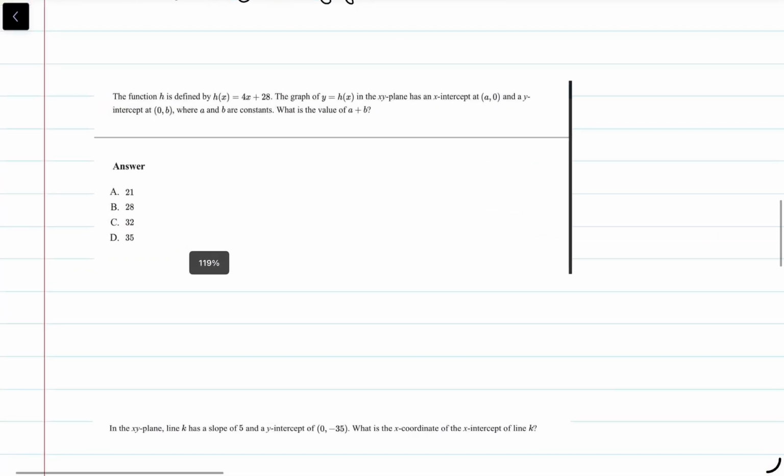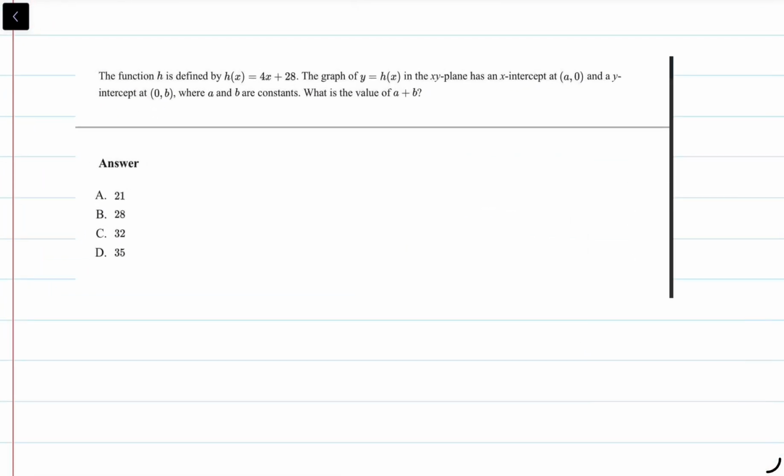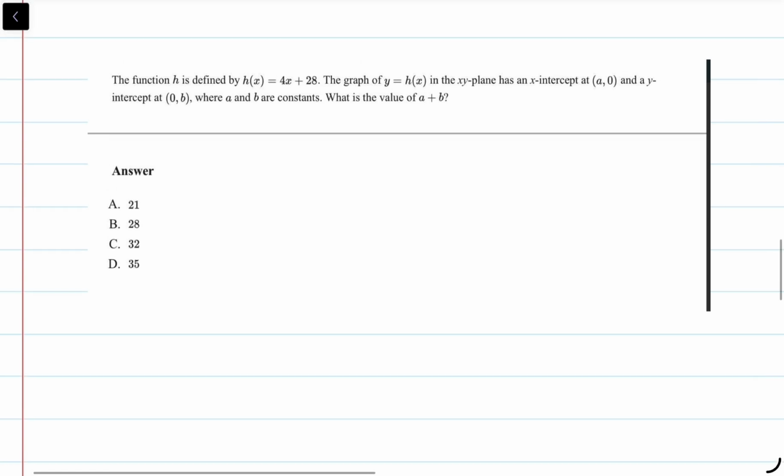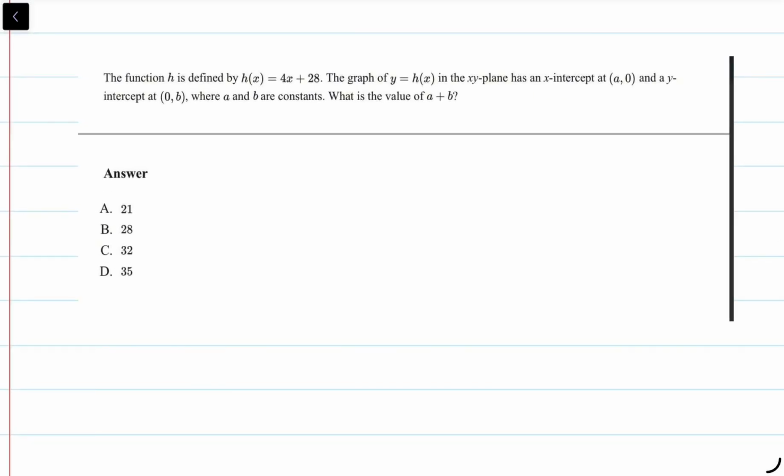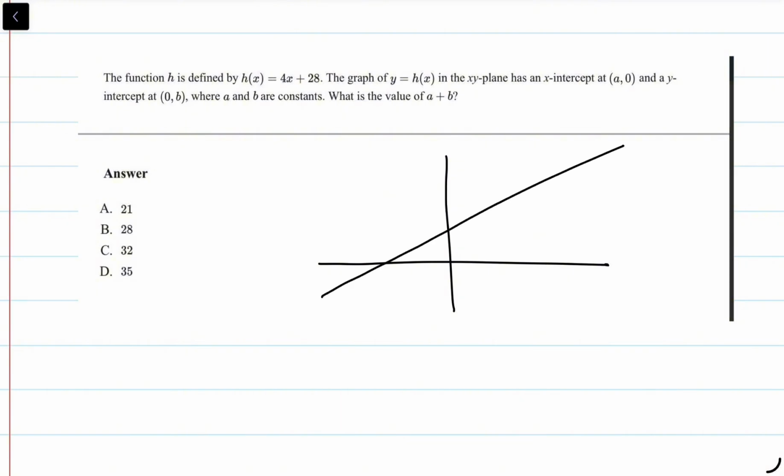Now let's do some practice questions. Take a second to solve this yourself as well. So we can see it's a straight line. Y equals 4x plus 28.